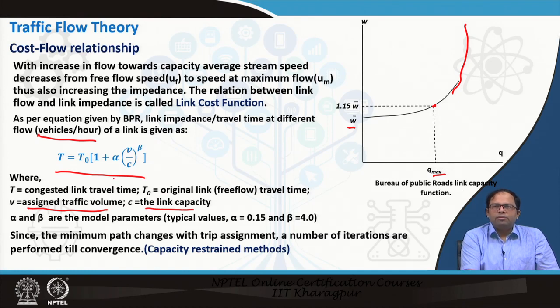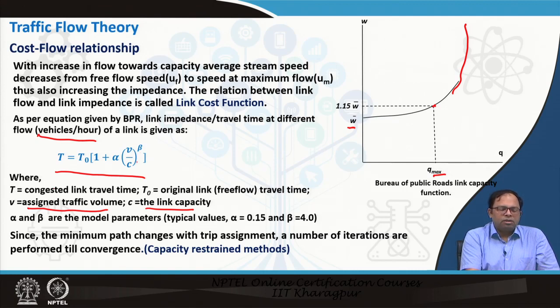So V by C. We have always heard about the V by C ratio. This is the volume by capacity ratio, and based on it there is a reduction. When volume is more, then automatically this term gets added to 1, and increases the travel time from T0 to T.